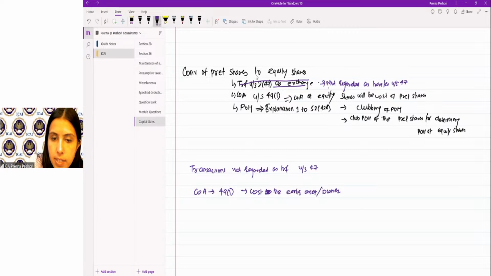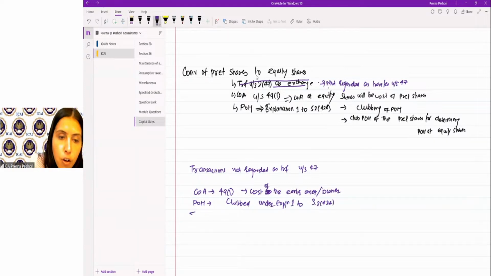Cost of the earlier asset or owner. Period of holding is to be clubbed, mostly under Explanation 1 to section 2(42A).